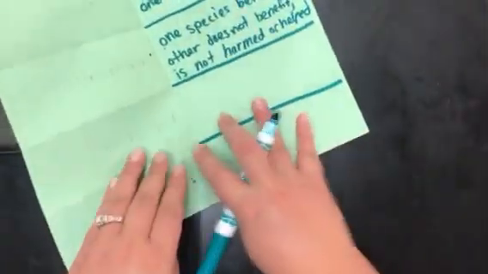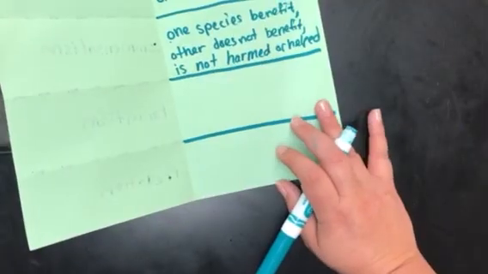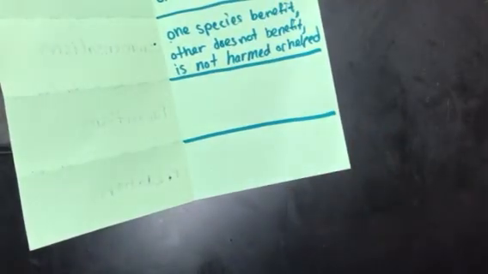And in parasitism, the species is living on the organism, but it's slowly extracting nutrients or food or something, where the organism's not dying right away, but he's not being helped. So it's not mutualism, and he is being harmed. The other species is being harmed, and therefore it would be considered parasitism.